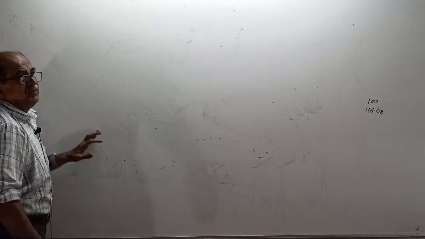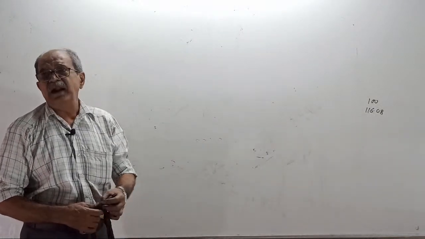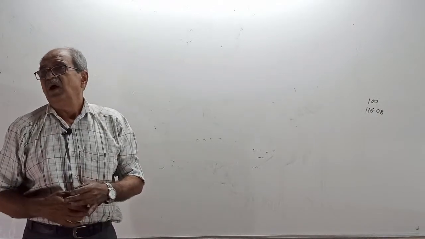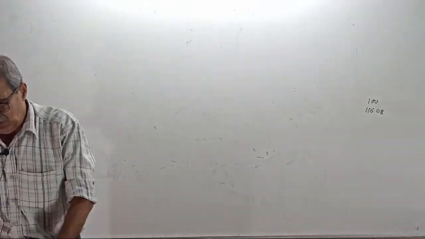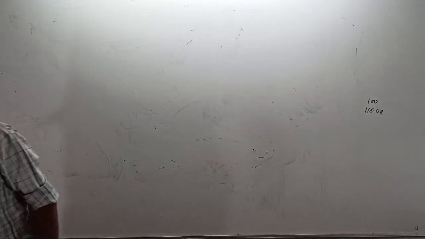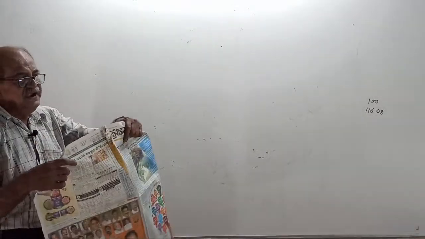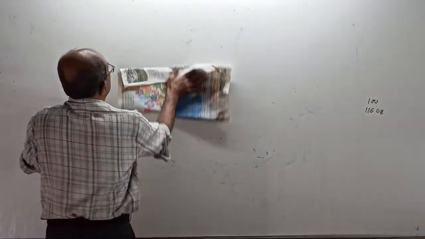If the column becomes unsafe and you cannot design, you have to go for redesign. In our class, if redesign comes, I will change to M30 or M35. Practically, maybe you have to increase one of the sides and then make it safe. That I will tell you at the end of the class. Our purpose is to learn the design.